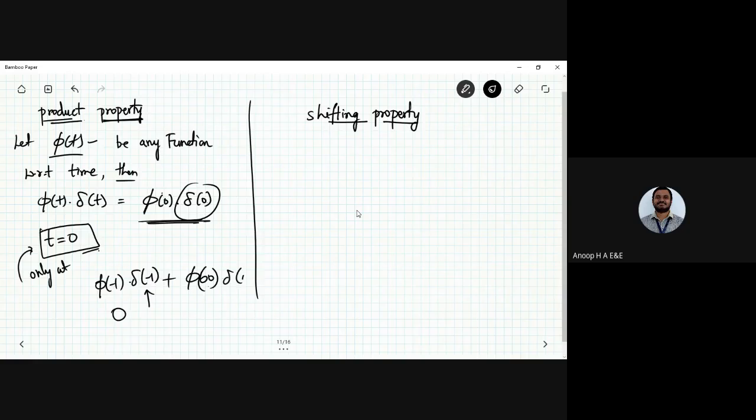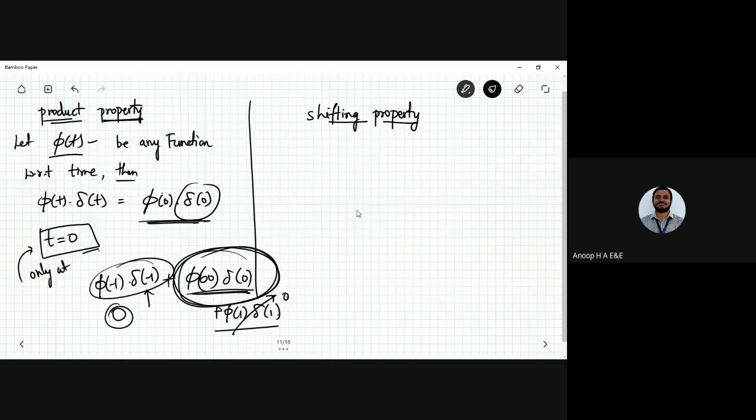So phi of 0 into delta of 0 plus phi of 1 into delta of 1. If I want to find the end result, I'll be taking only the value where delta equals 0. Only there do you get the function's value. In other cases, it is equal to 0.